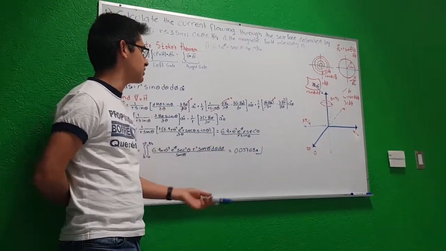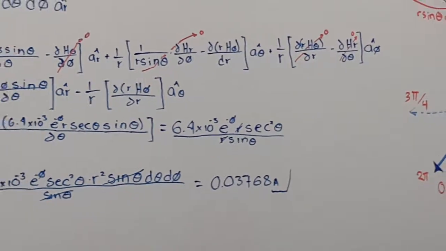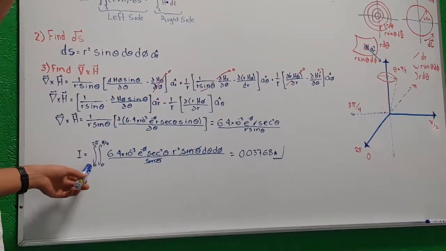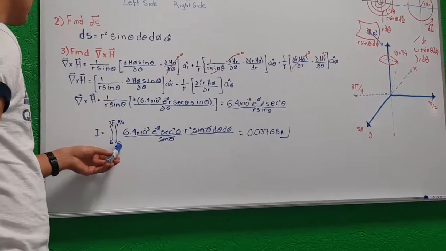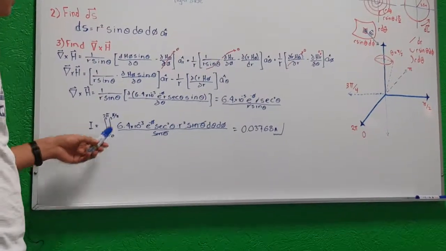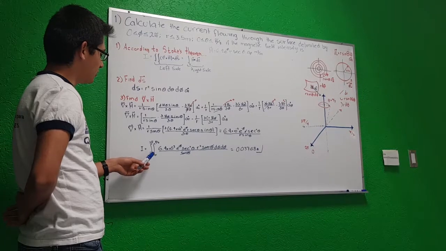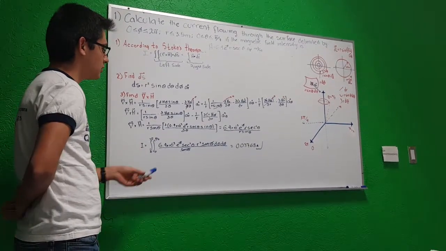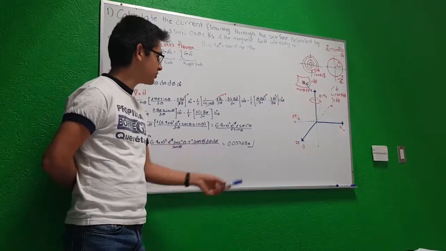We can notice that the r is going to be cancelled, and at the end we have to solve the double integral. The limits for theta are from 0 to pi over 7, and the limits for phi are from 0 to 2 pi. And if we solve the double integral, we get the result.